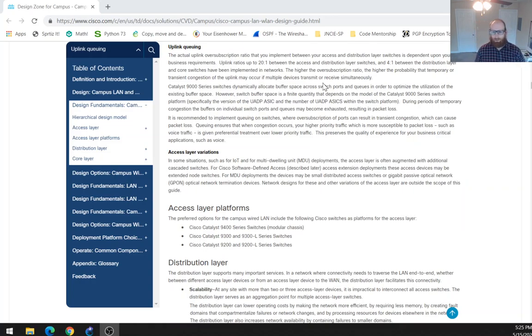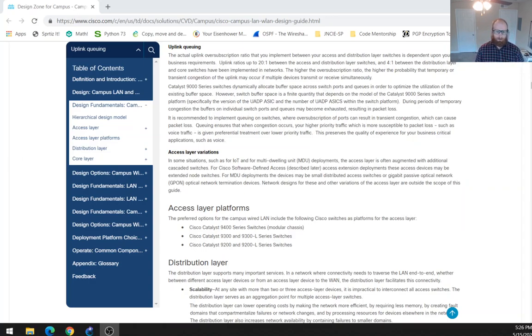For MDU deployments, the devices may be small distributed access switches or gigabit passive optical network (GPON) optical network termination devices. Network designs for these and other variations of the access layer are outside the scope of this guide.